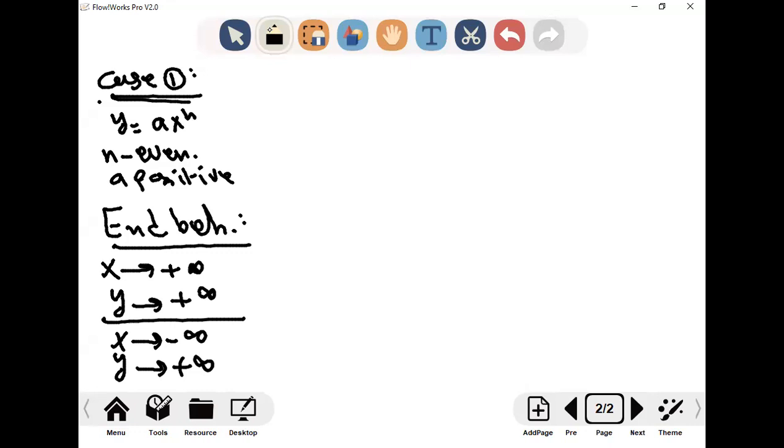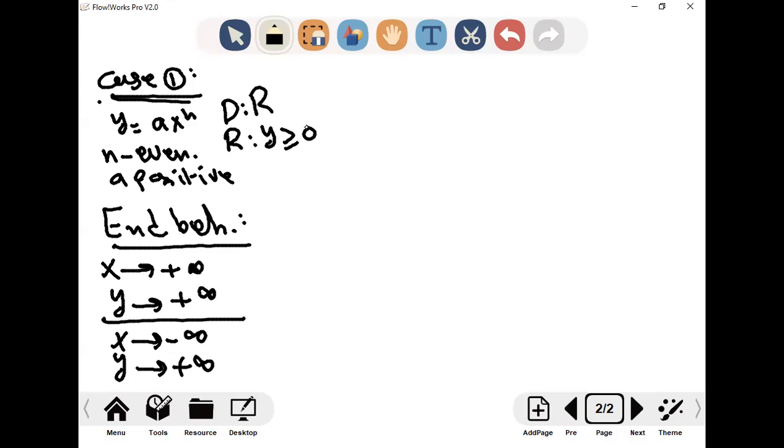The domain is always all real numbers, okay? With an even degree, the domain is all real numbers, and the range is y more than or equal to 0. Yes, y more than or equal to what? 0. This is the range.